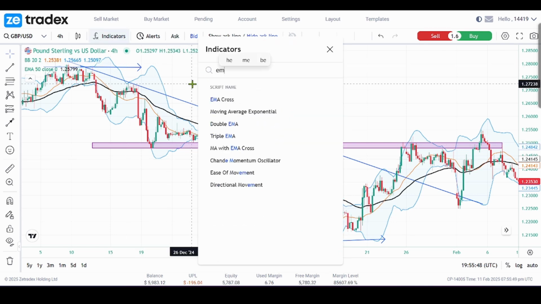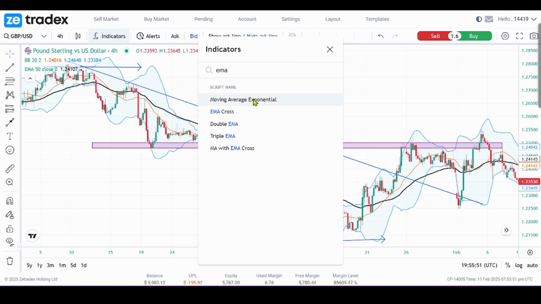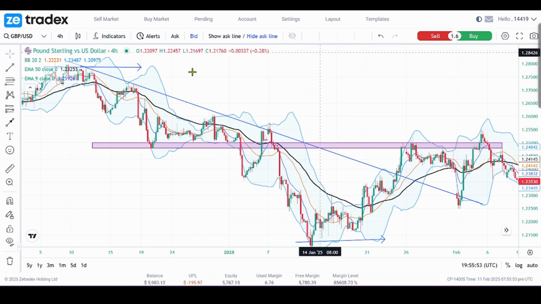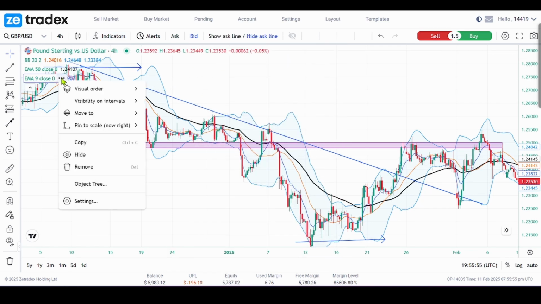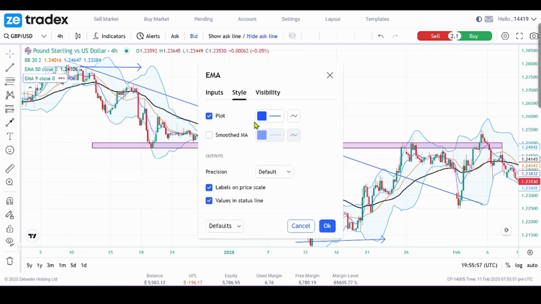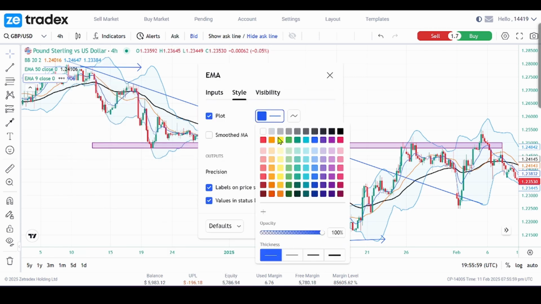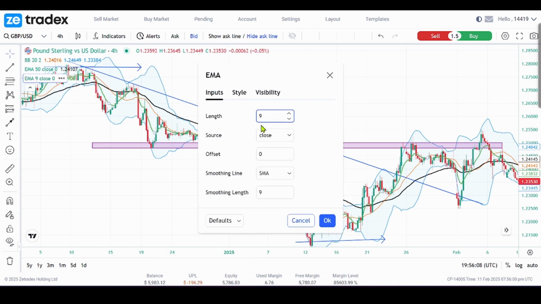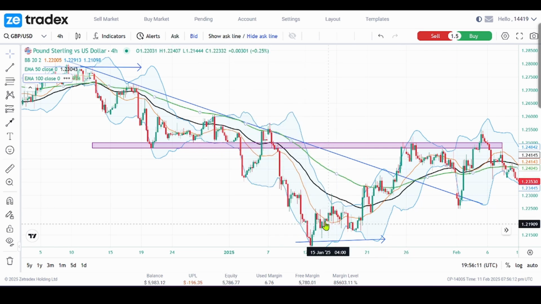Let's add another EMA, 100 EMA. And let's make this green. This is 100.